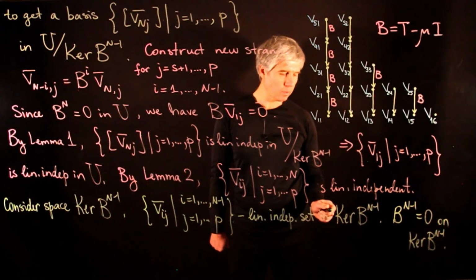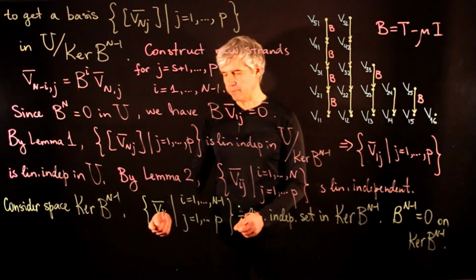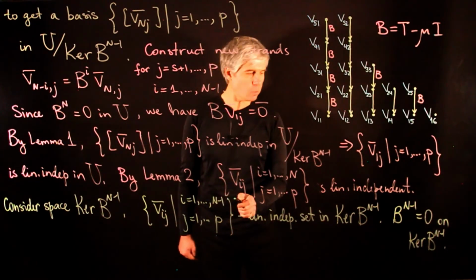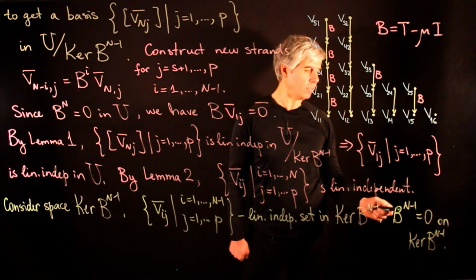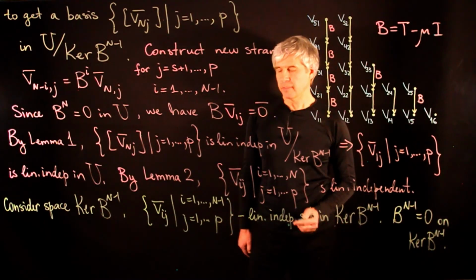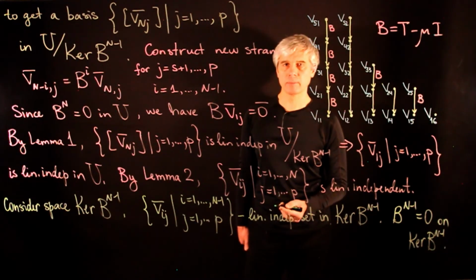So now, on this kernel of B to the n minus 1, we have a set of linearly independent strands of length n minus 1, and the operator B to the power of n minus 1 is 0 on this space. Now we're in a situation where we can apply the induction assumption.